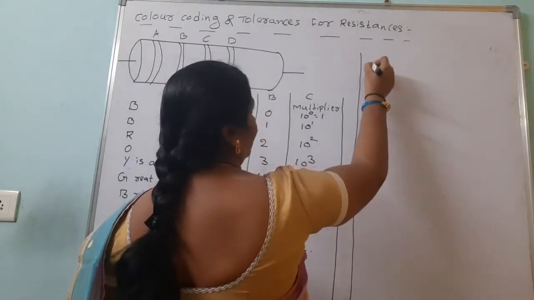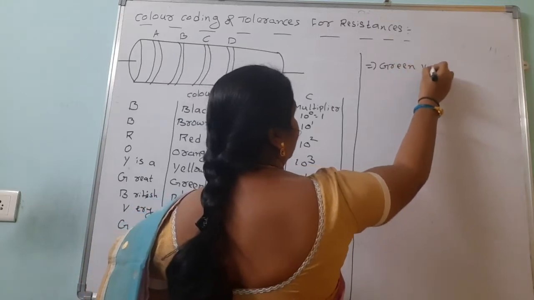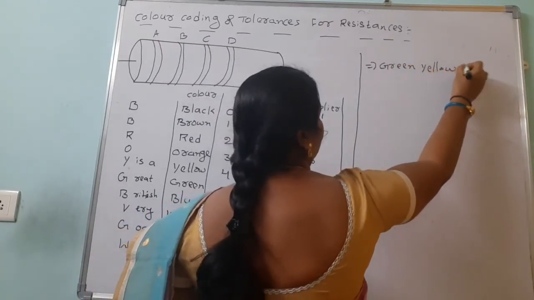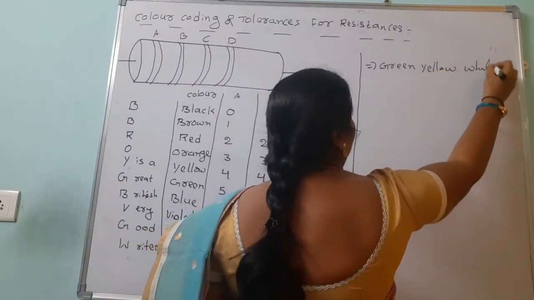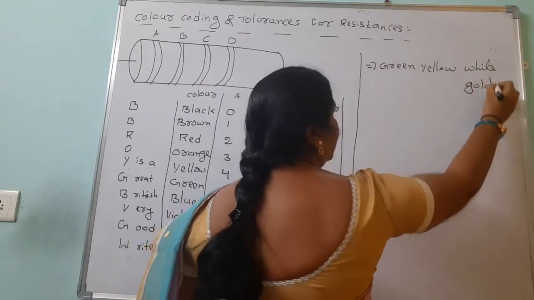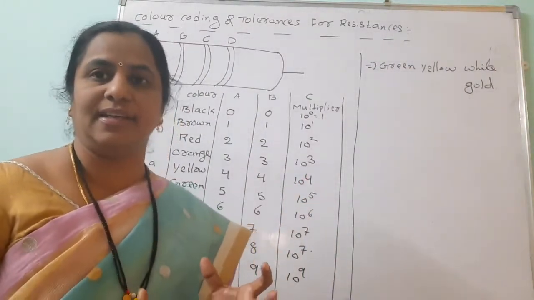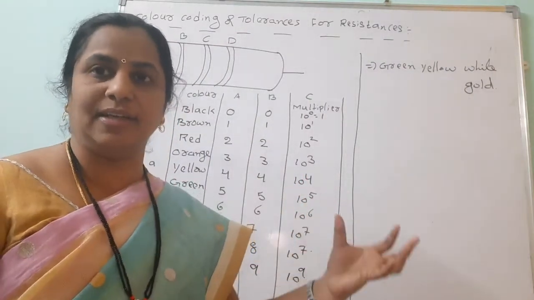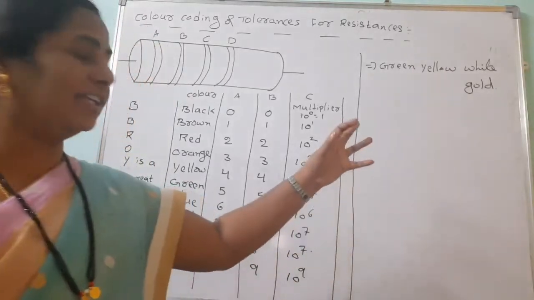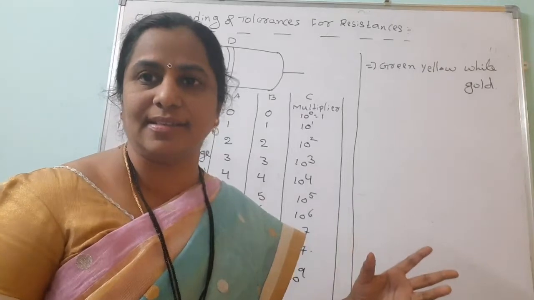Suppose they are giving green, yellow, white, and the fourth one is gold. The fourth one is the tolerance of the device, that is, how much error limit is there in that code. If it is gold, that is 5% error. If it is silver, that error is 10%.